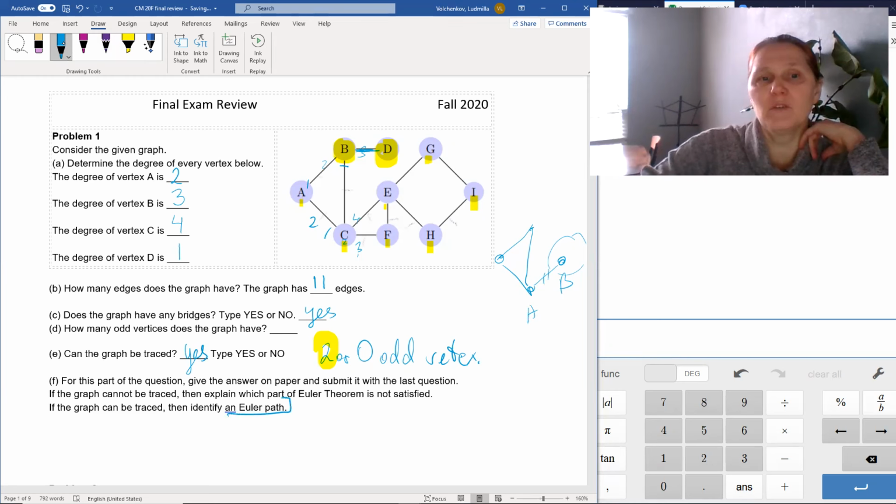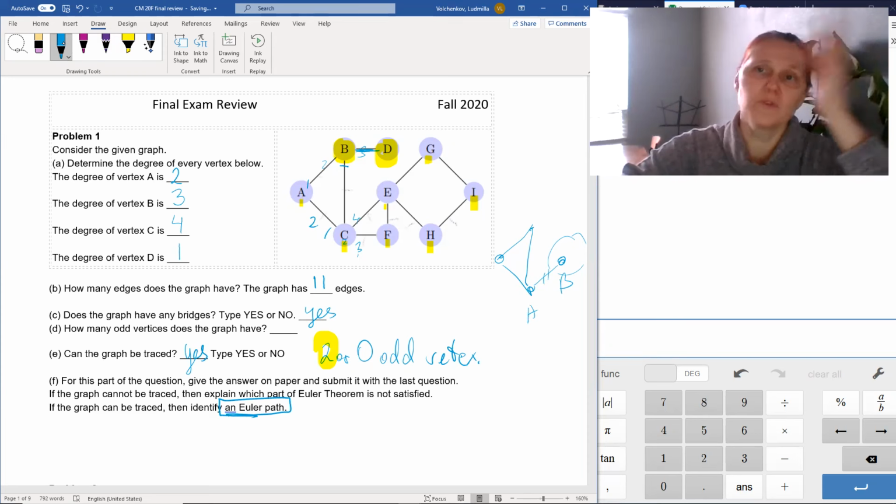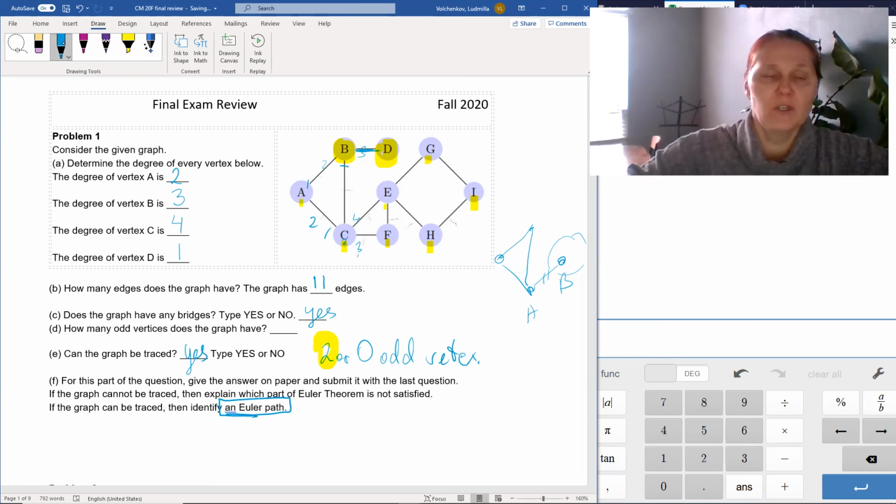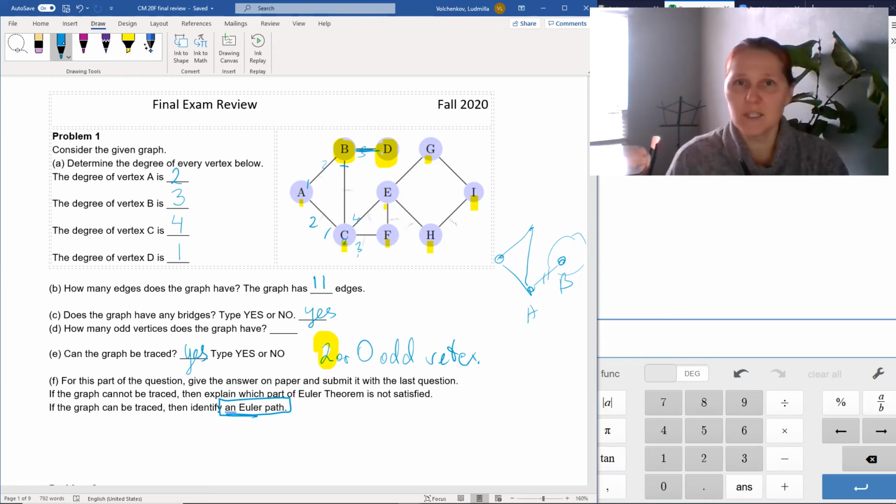Then we must give the Euler path showing how we trace the graph. This path must start at one odd vertex and end at another. If there are 0 odd vertices, then you can start at any vertex and finish at the same vertex.